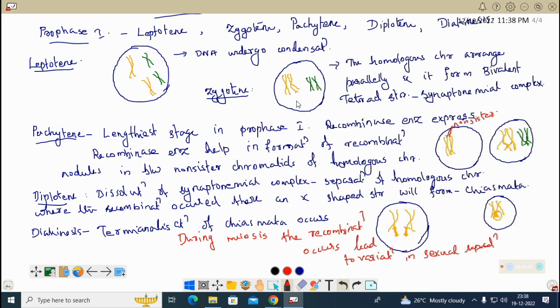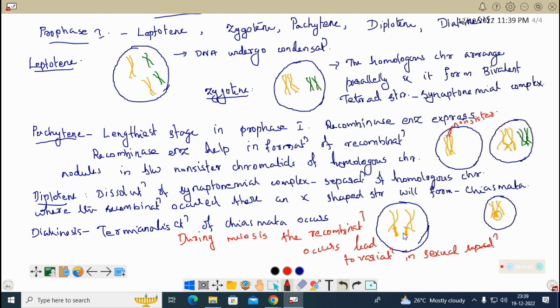Now the next one is the diplotene stage, where we can see the homologous chromosomes trying to get apart, but where they have joined during recombination, they stay joined together as an X-shaped structure, which is called the chiasmata. So chiasmata formation occurs in the diplotene stage, and in diakinesis, where the chiasmata have formed, they will break that area and exchange the genetic material between the non-sister chromatids of the homologous chromosomes.